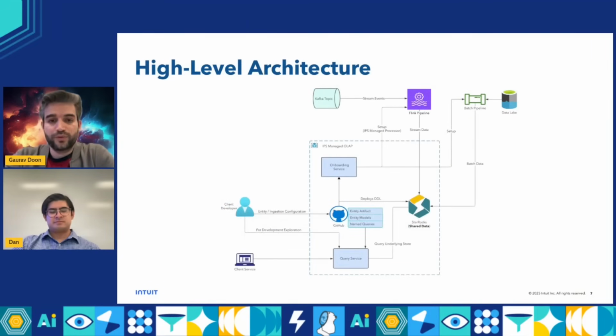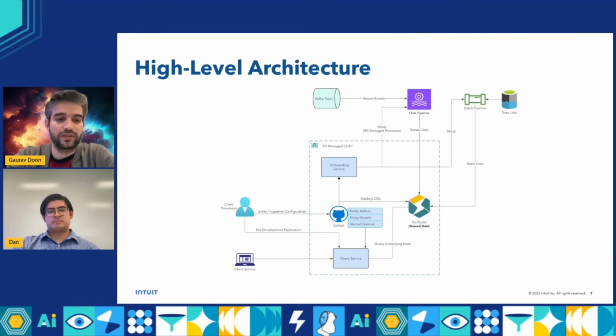All right, before I hand it off to Dan, I just wanted to give you a quick high-level architecture, and Dan will go in depth about each of these layers, the ingestion and the query layer that you see. So basically, in terms of the user journey today, the client comes in and gives us their ingestion configuration.